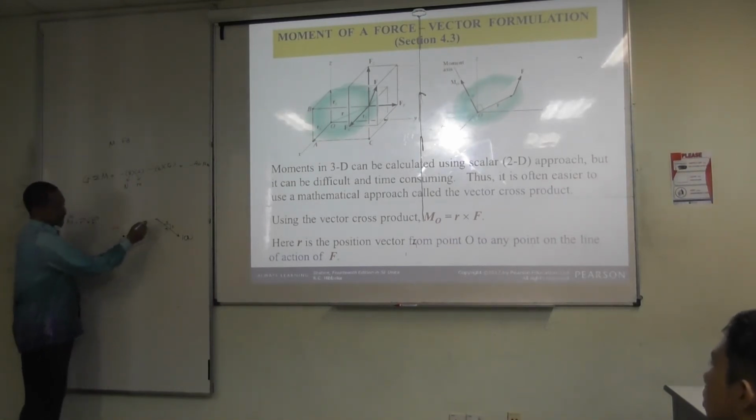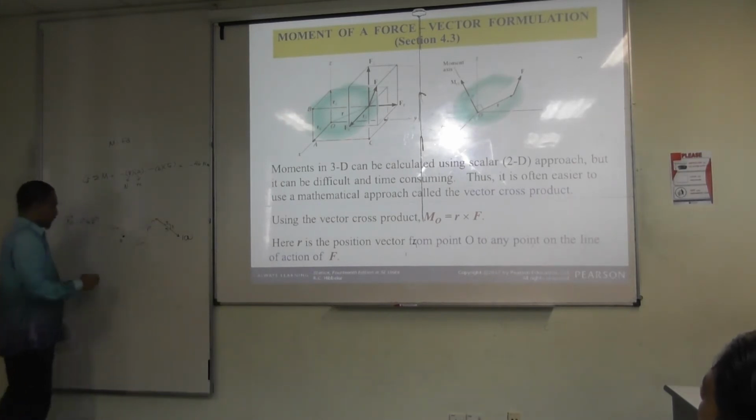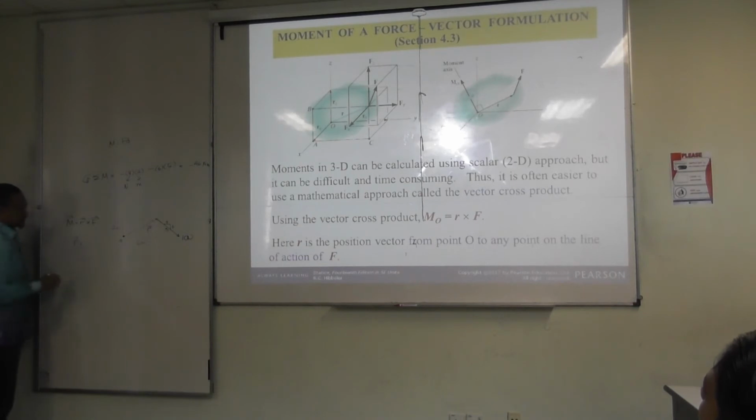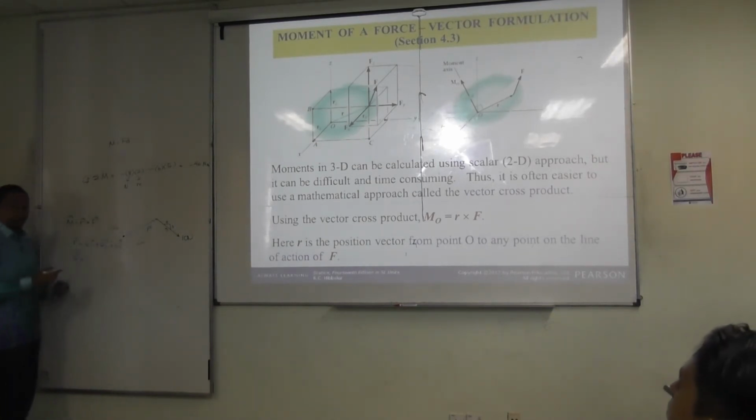Yeah, so the easiest point is this one. So let's say this is your r, right? r will be what in this case? So 5i plus 2j. If in 3D it becomes 0k, right? What about F? What is it in terms of vector?